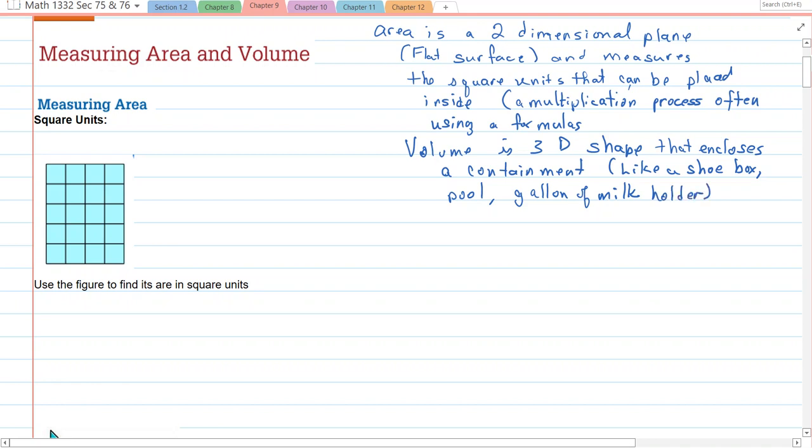These three-dimensional shapes are measured in cubic units.